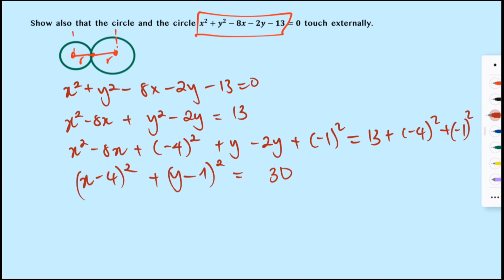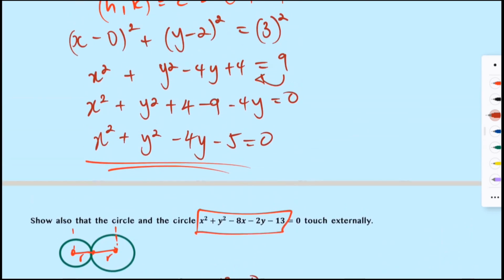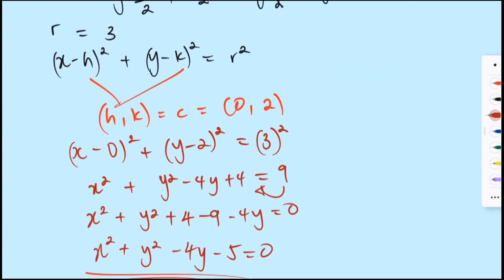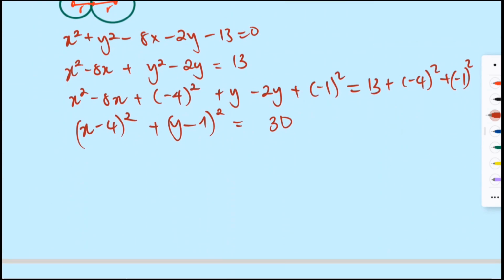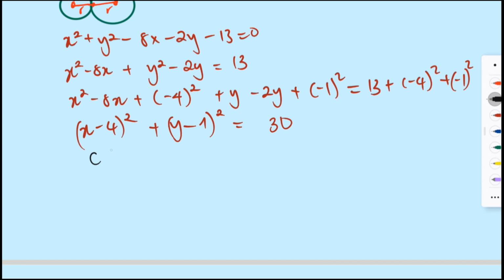We can now compare this to the actual equation of a circle, which I have over here, to see that the center would be equal to (4, 1), and the radius should just be the square root of 30.